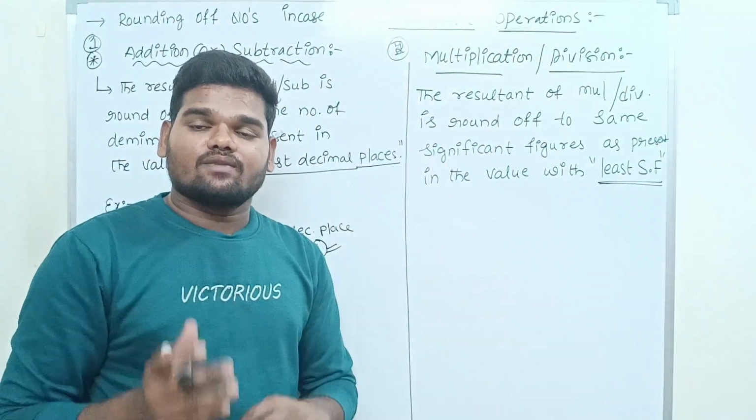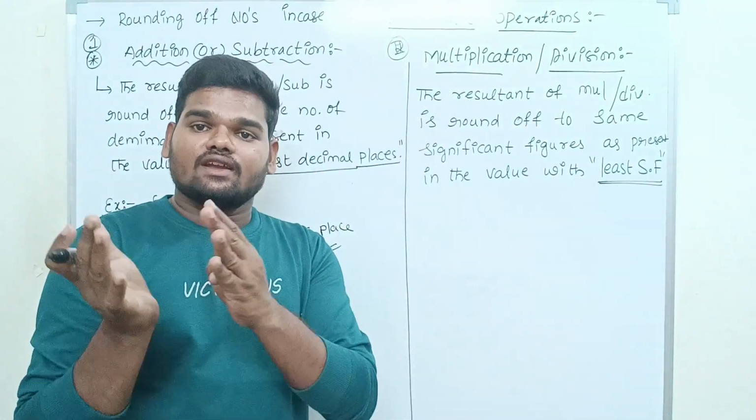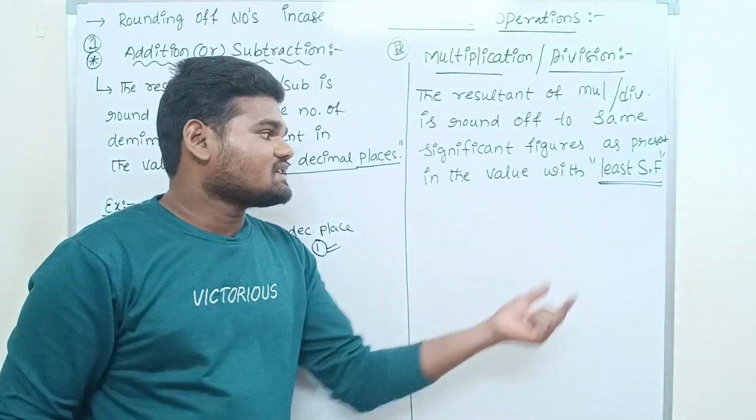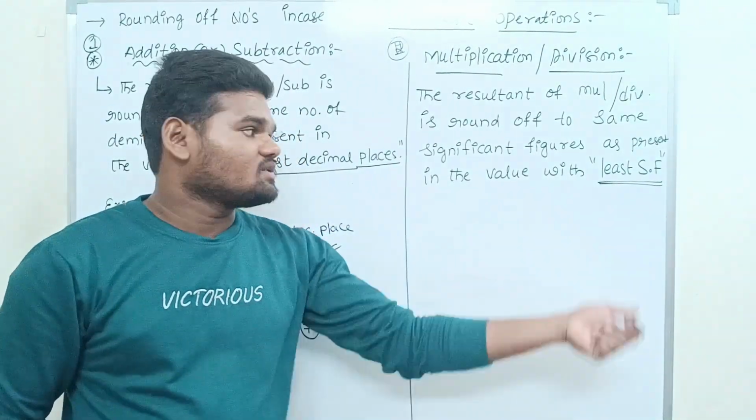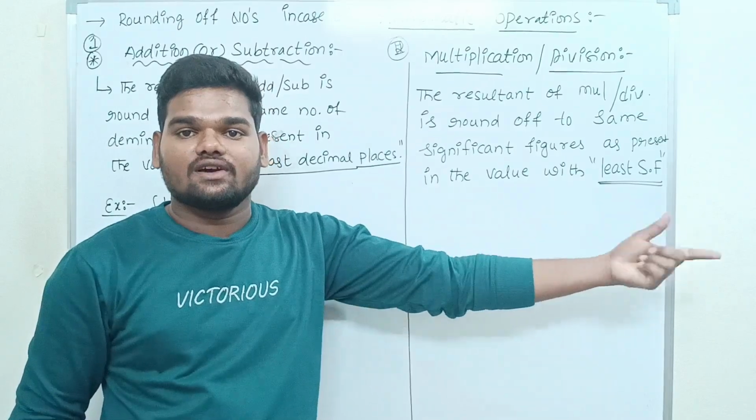Whatever values you are multiplying, take those values and find the number which has the least significant figures. Then round the resultant to that many significant figures, either 2 or 3 or 4.